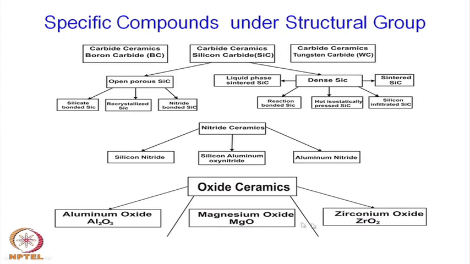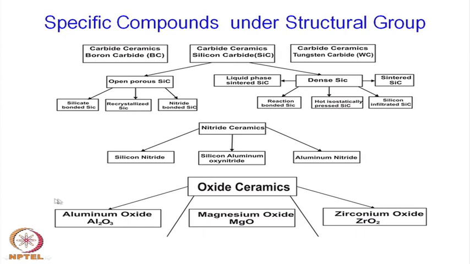Aluminum oxide, magnesium oxide, zirconium dioxide are all minerals which can be obtained from natural resources, but they need some purification, some beneficiation, because the impurity content affects the properties quite significantly. So, the impurities must be removed.